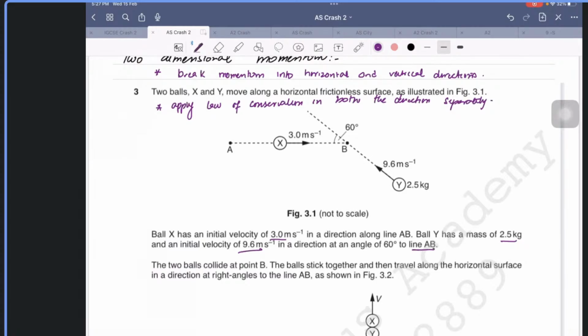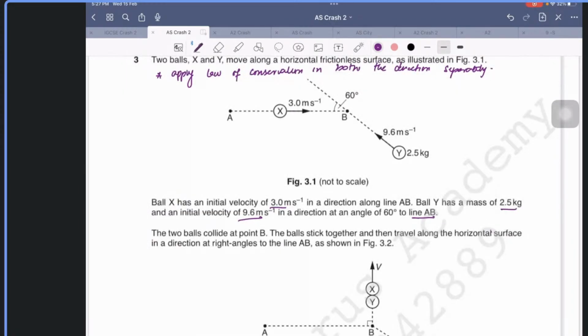The two balls collide at point B. The balls stick together, so this is case 2 that we're looking at. And then they travel along the same horizontal surface in a direction at right angles to AB. They go vertical.